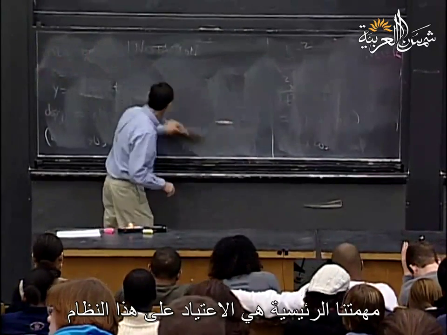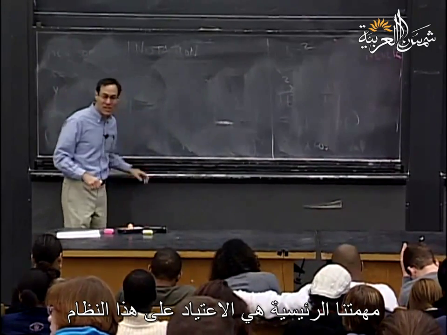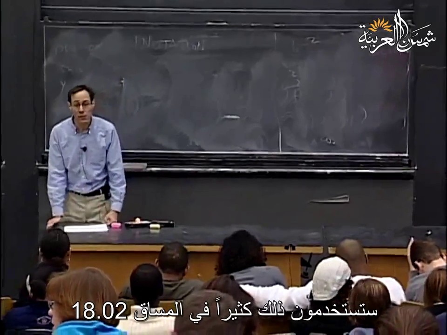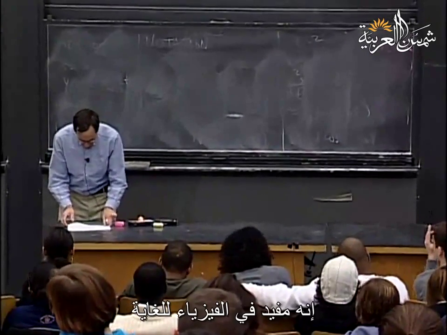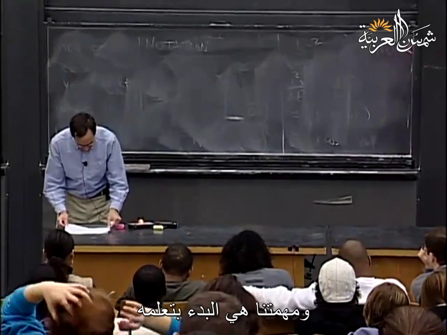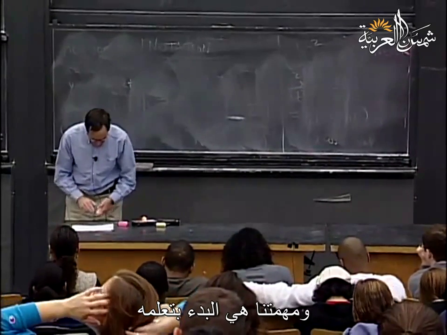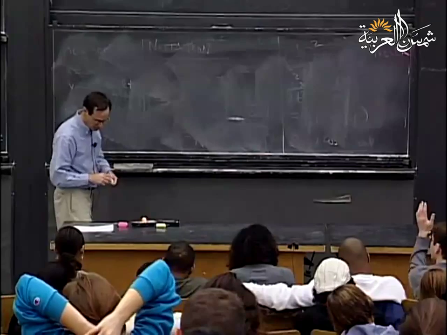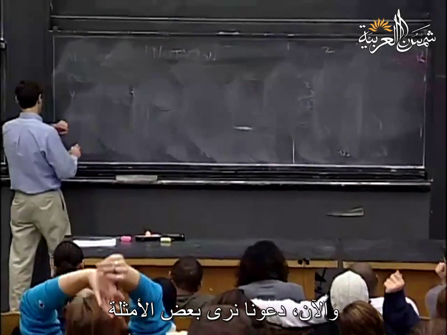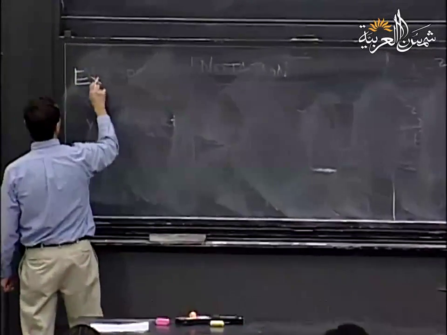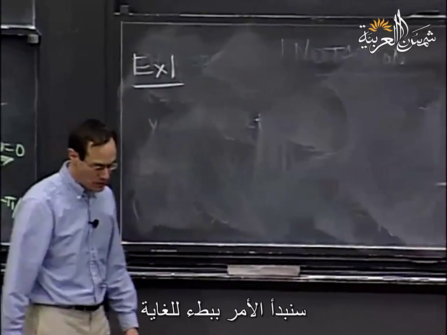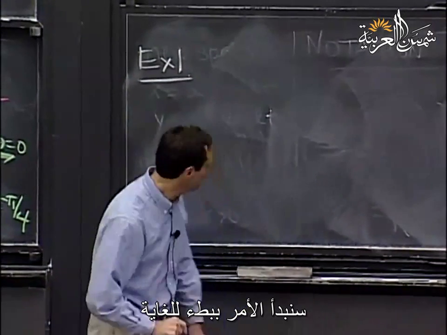Okay, so our main job is just to get used to this for now. You will be using this a lot in 18.02. It's very useful in physics. And our job is just to get started with it. And so let's try a few examples here. Tons of examples. We'll start out very slow.